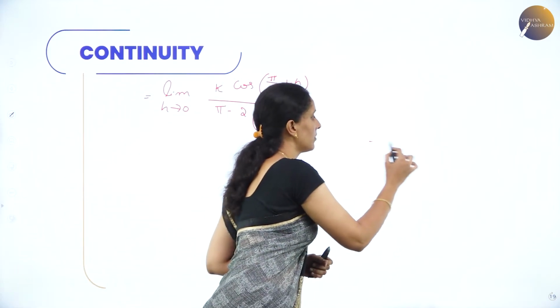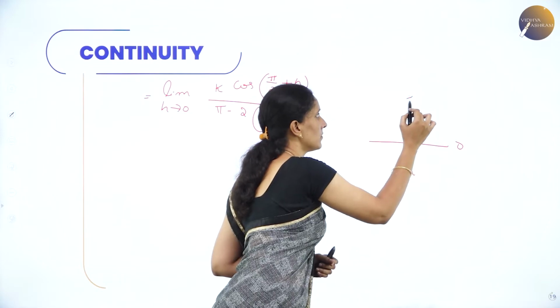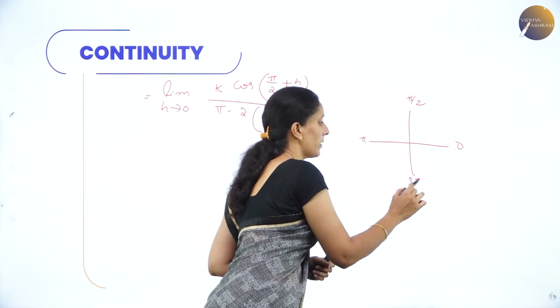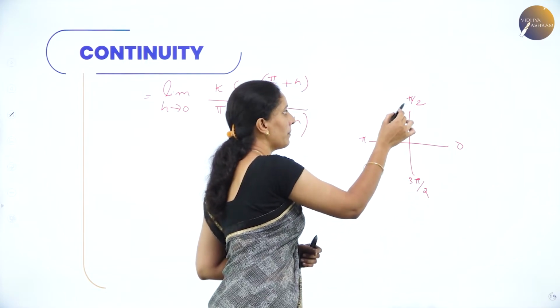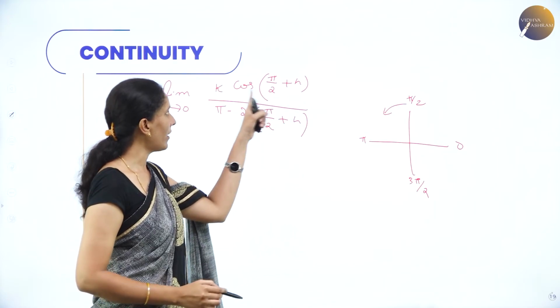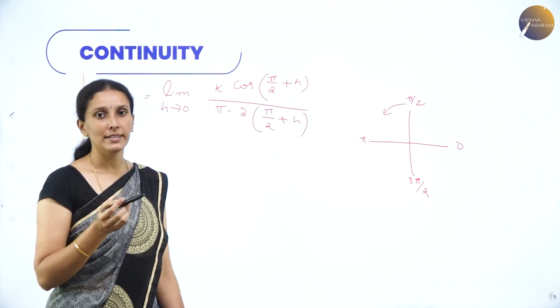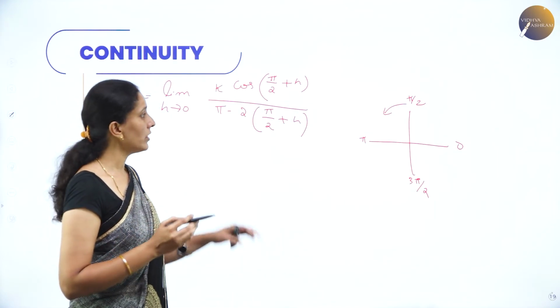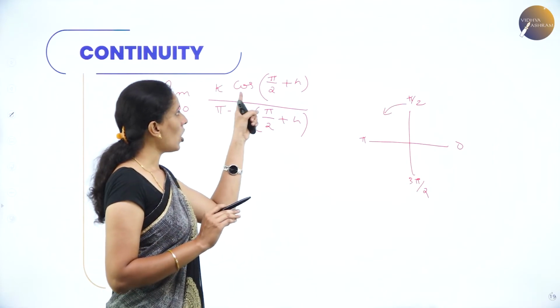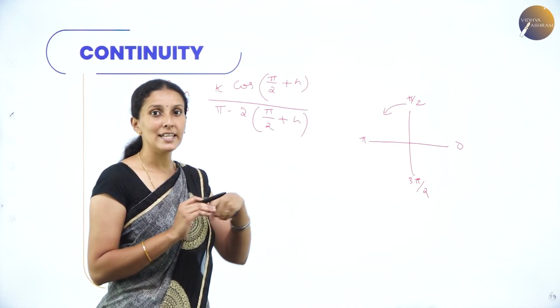Now here we have got k into cos of pi by 2 plus h. We know that this is 0, pi by 2, pi, and here it is 3 pi by 2. So pi by 2 plus theta lies in the second quadrant. In the second quadrant, whenever you have 90 plus theta, the function changes to its co-function. We have learned this with the help of allied angles in trigonometry. So cos of 90 plus h can be written as sin h.